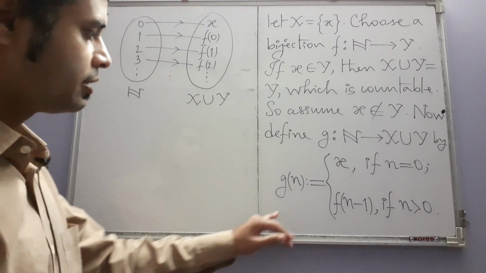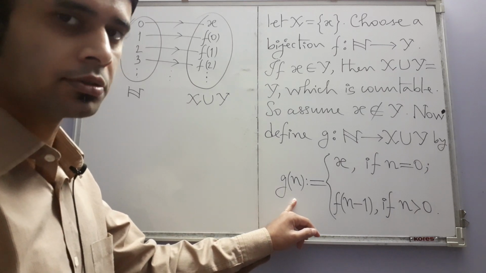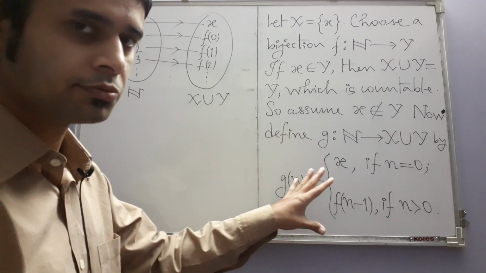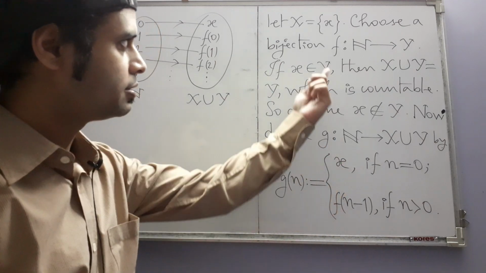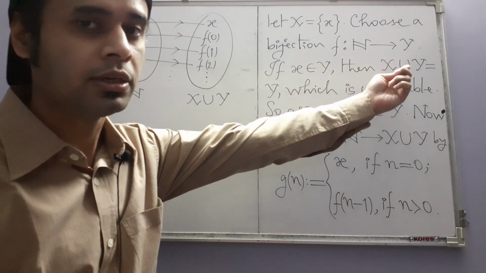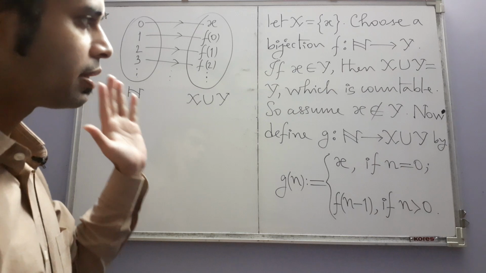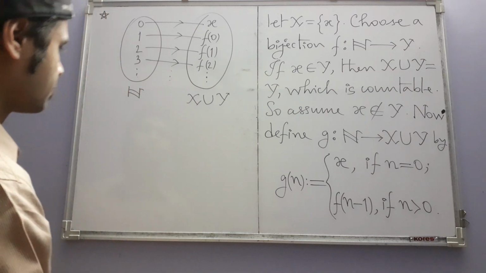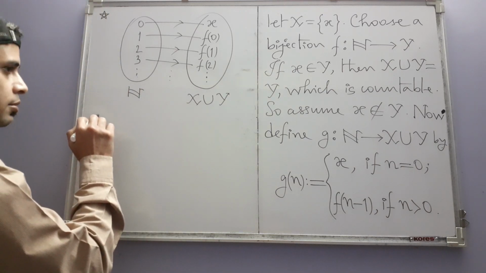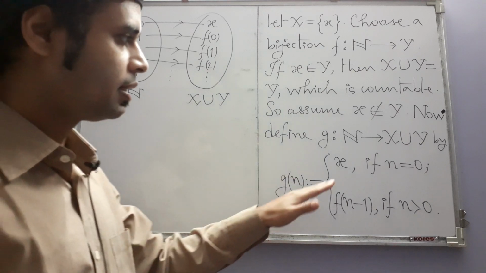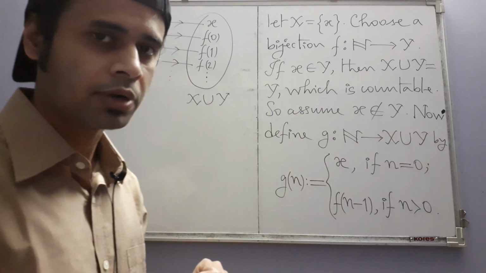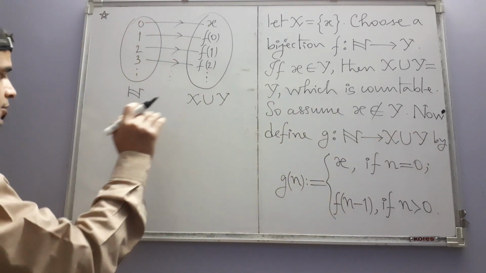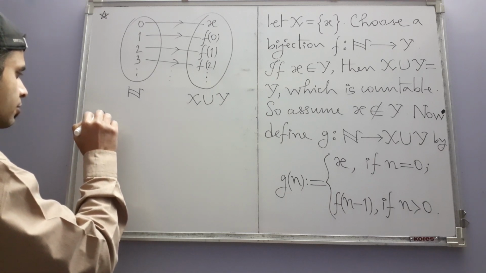So in showing that this G is a bijection, you have to of course use the definition of G and also the fact that this F is a bijection between N and Y. So this part I leave to you. So in this case what we have ended up proving is that X union Y is countable. So I'm just simply going to write like this.